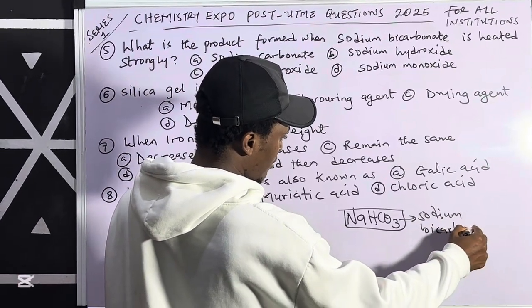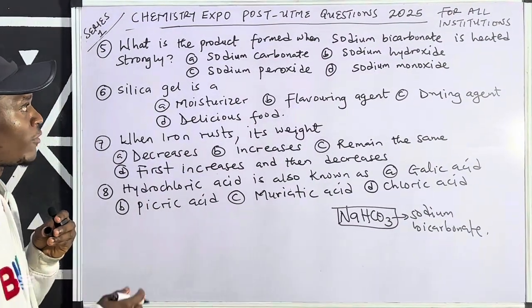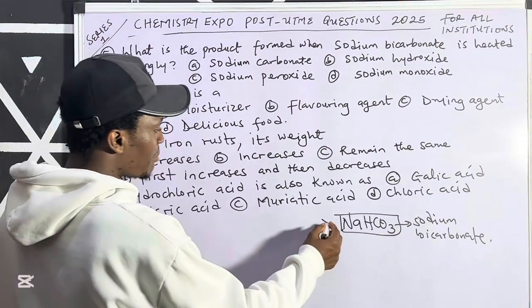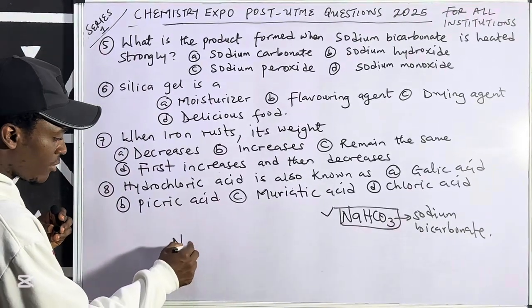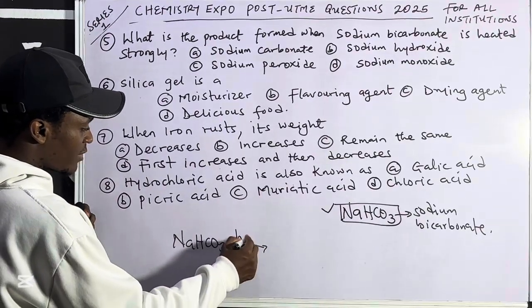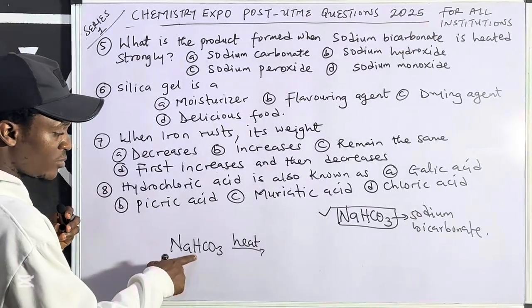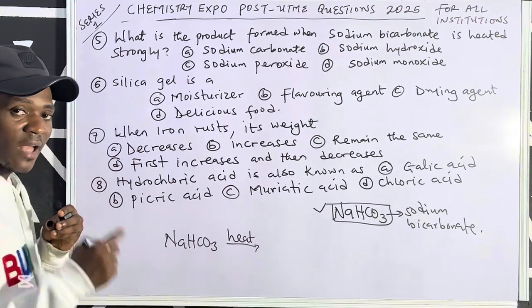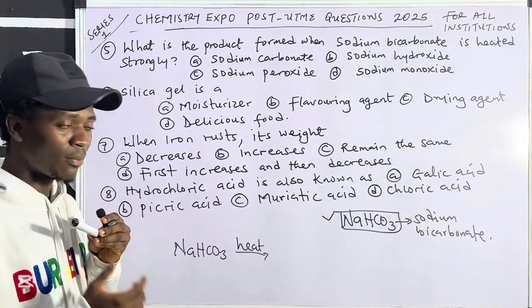Looking at this compound, the question was, what is the product formed when sodium bicarbonate is heated strongly? All hydrogen carbonates are unstable to heat. Any compound that ends with HCO3 is a hydrogen carbonate, and when heat is applied they decompose.